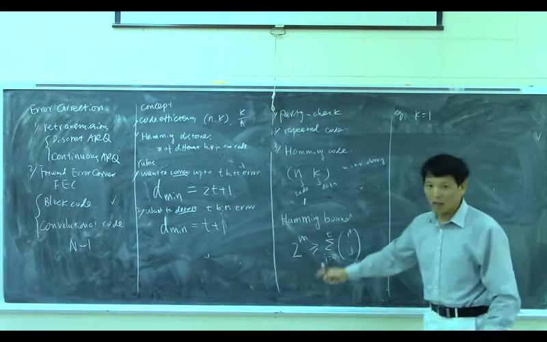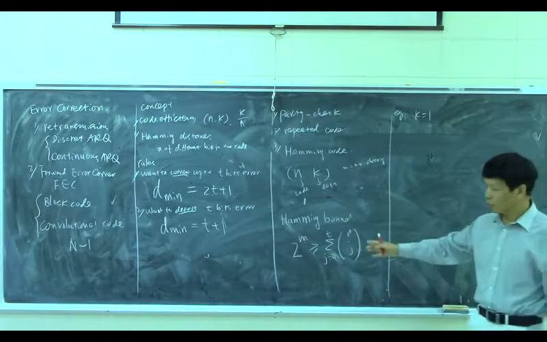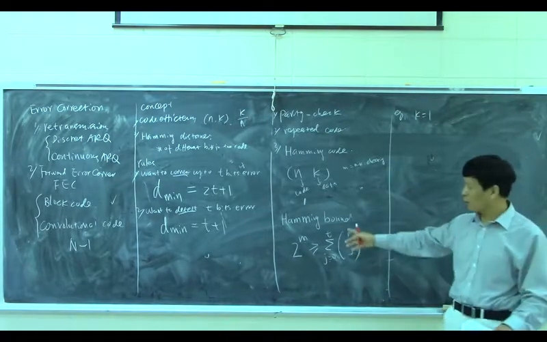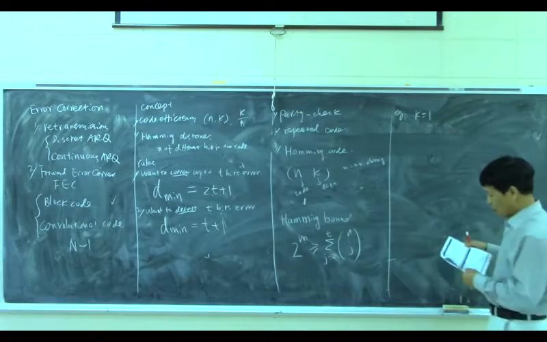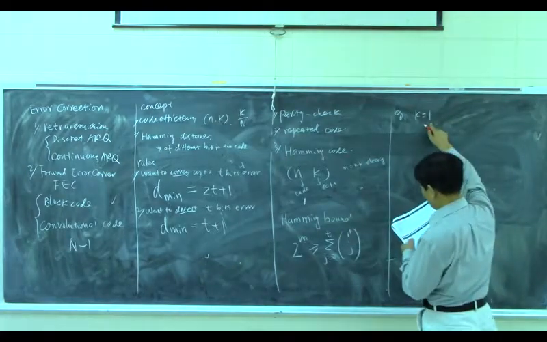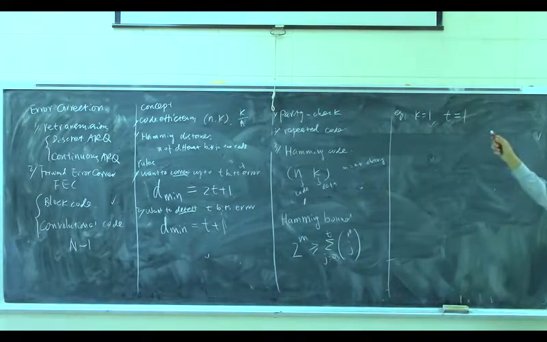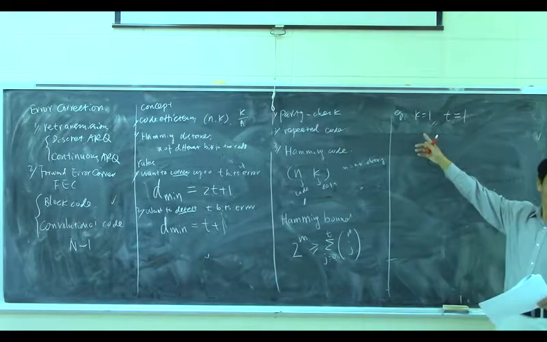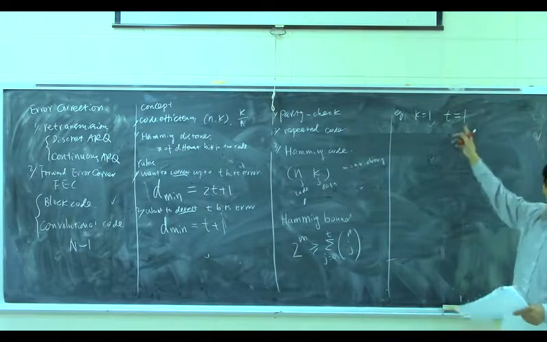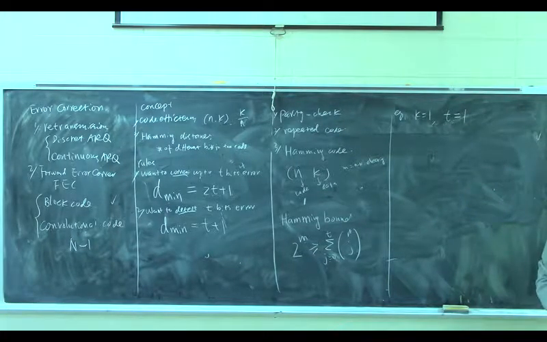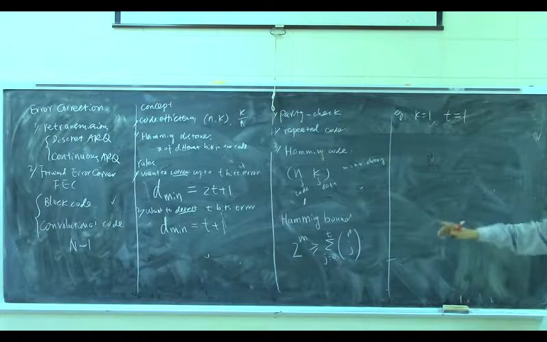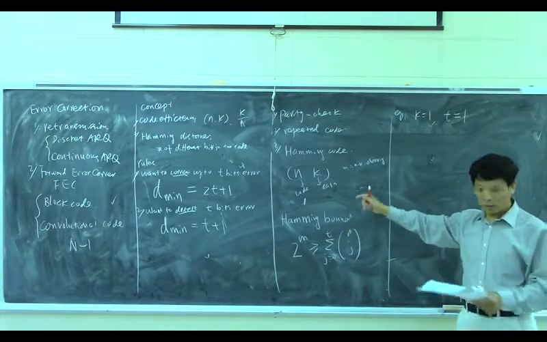Then let's find out how long the code can be to satisfy this. If k equals 1, and we want to design the code to automatically correct one bit of error. The data is only 1 bit, but if there's one error, I will automatically correct it. So that is our purpose. Let's see how long the code must be.